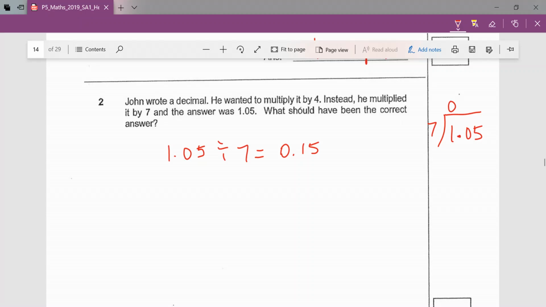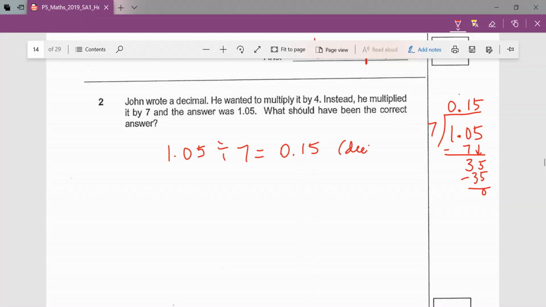There's a dot here, put a dot up also. And then I'm going to read this as 10. Divided by 7, I'll be left with 1. Okay, remainder 3, bring down a 5. 35 divided by 7 will be a 5. So it's 0.15.